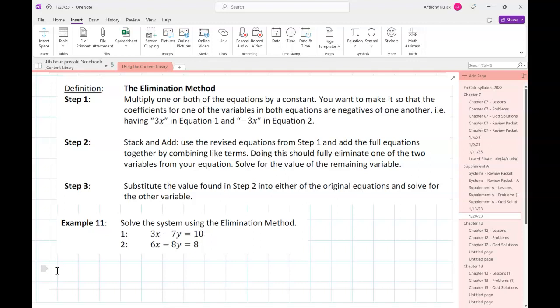All right. So, it does not matter whether I want to eliminate the x first or the y first.